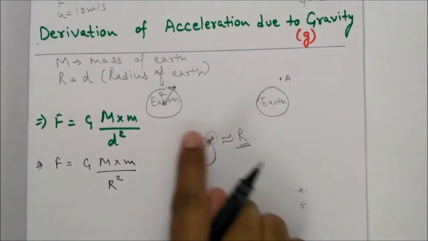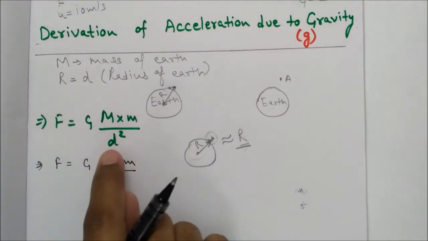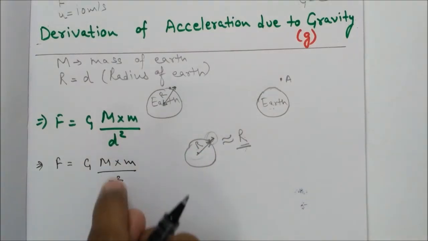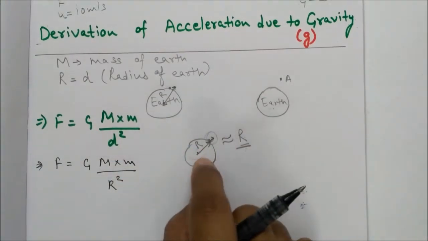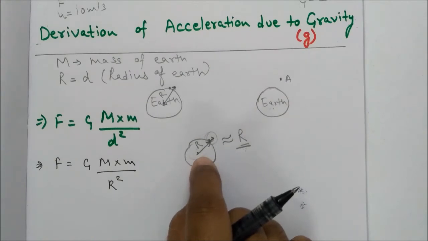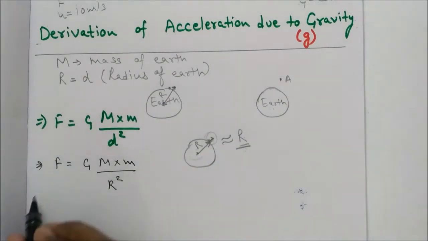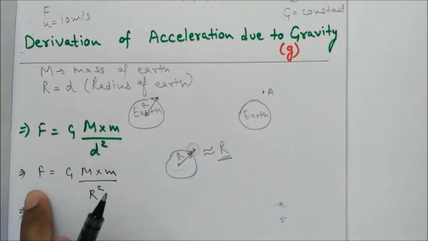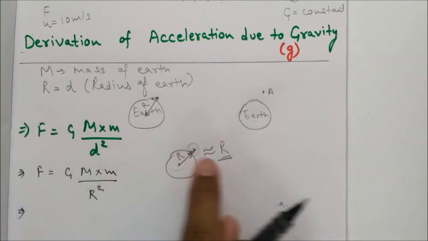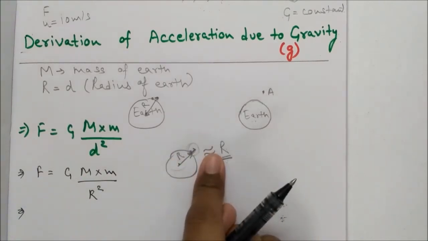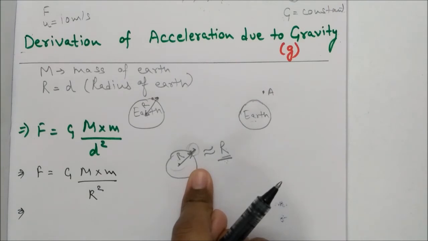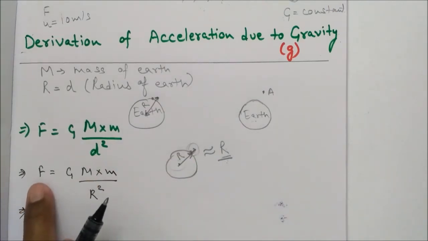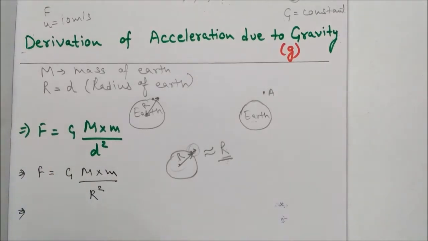Because while taking one of the objects as earth, I have to take the distance between the two objects as r. Now we know that this is the force of attraction between two objects, due to the gravitational force, so this will be the value of the gravitational force.